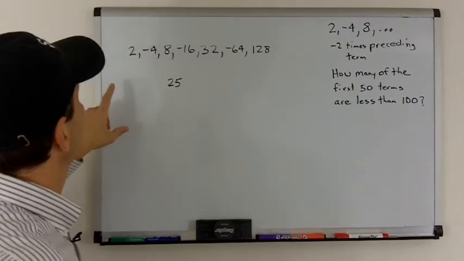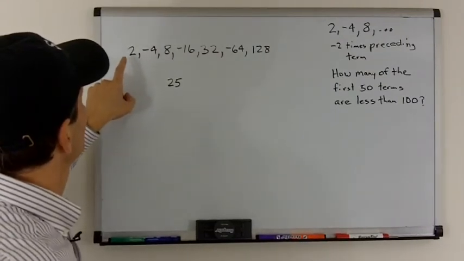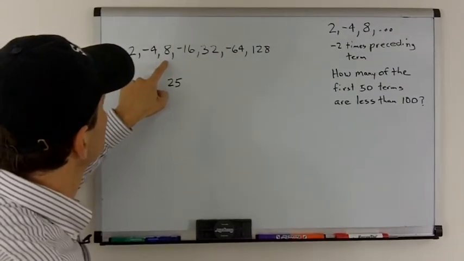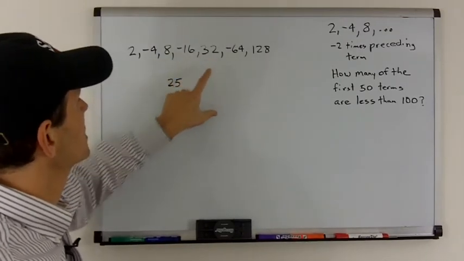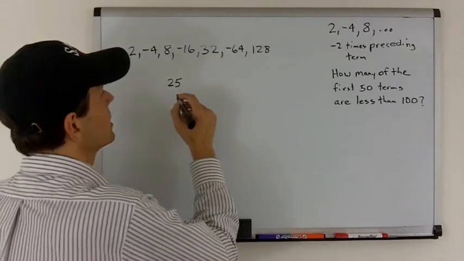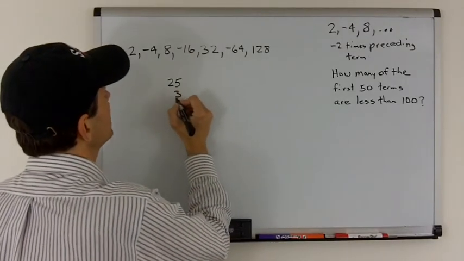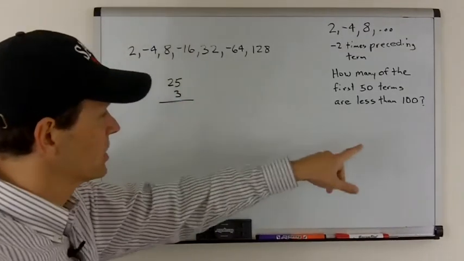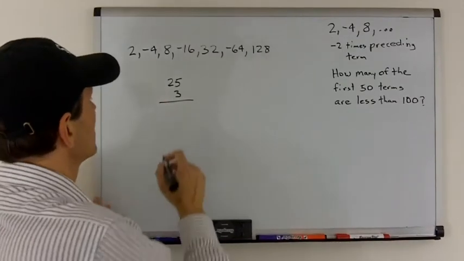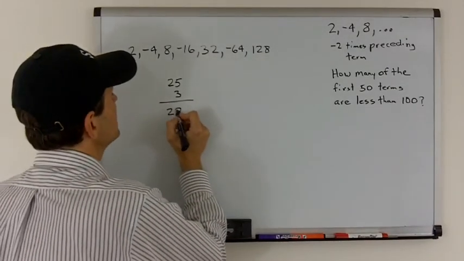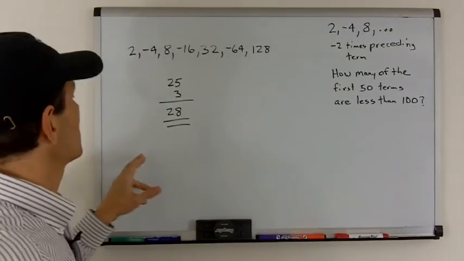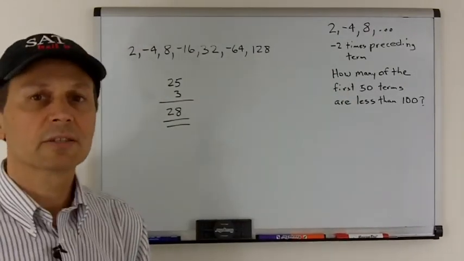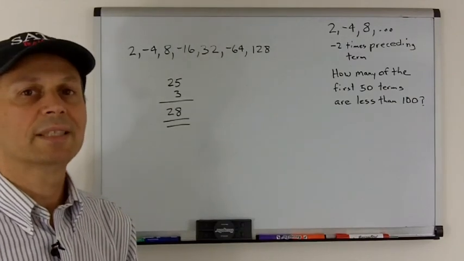So we have 1, 2, 3 positive numbers that are less than 100. So we're going to have 25 negative numbers that are less than 100 plus 3 positive numbers. That's going to give you 28 total numbers out of this sequence that are less than 100. So your answer is 28.